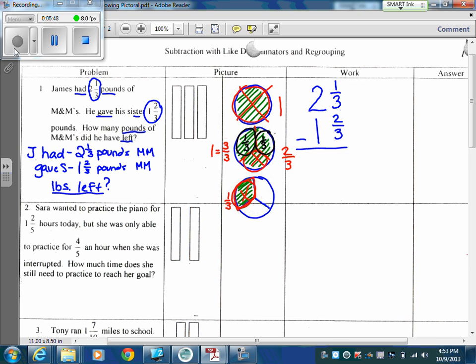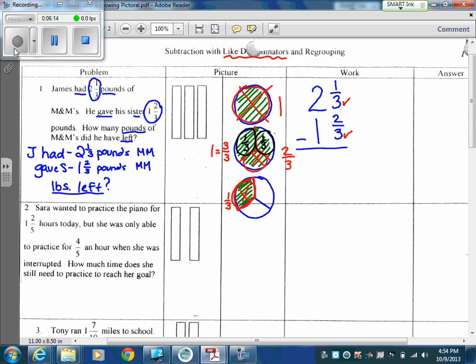So if you go through the process of subtracting fractions, you know the first thing that we look at is the denominator. Well, the denominator is the same. And remember our title, like denominators, so they're probably all going to be the same on this one. But we still need to check, because we cannot do anything with our fractions if they are not the same pieces when we are subtracting.